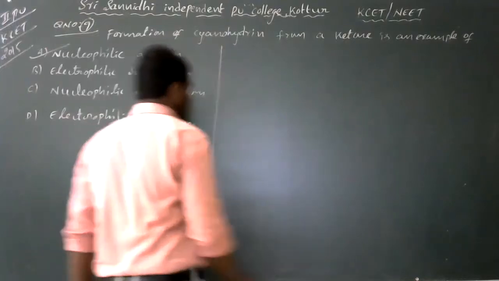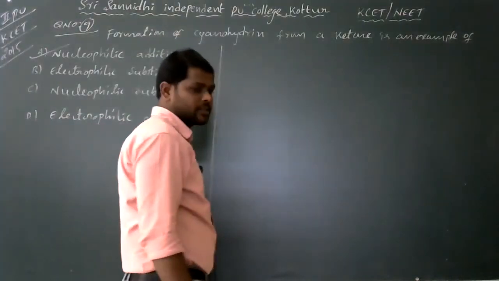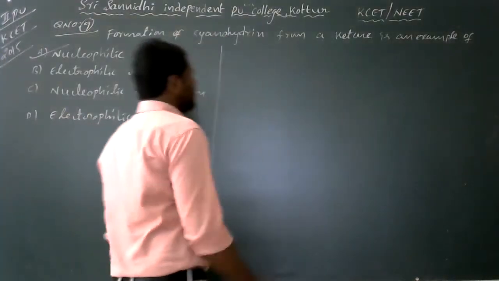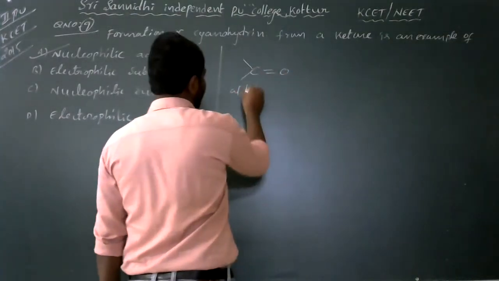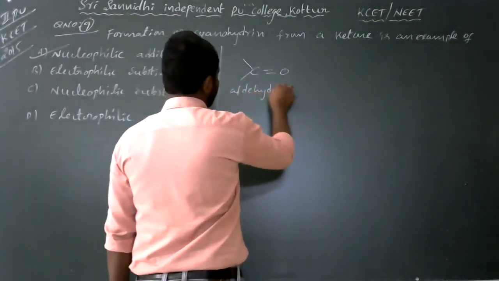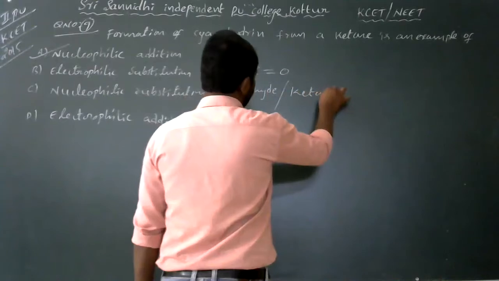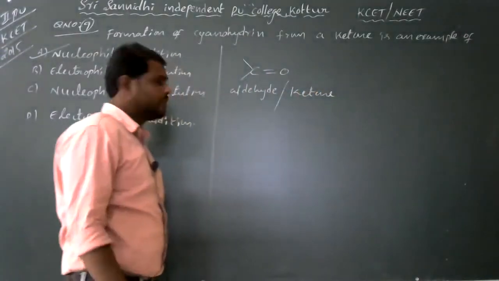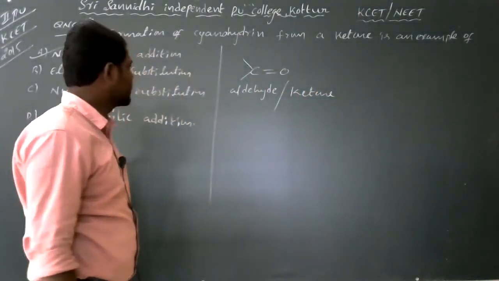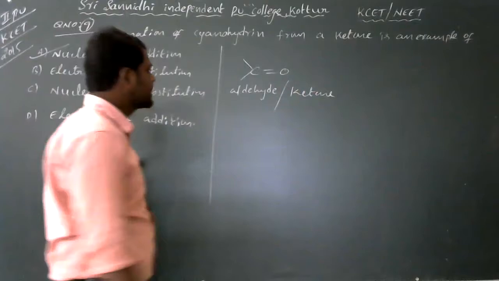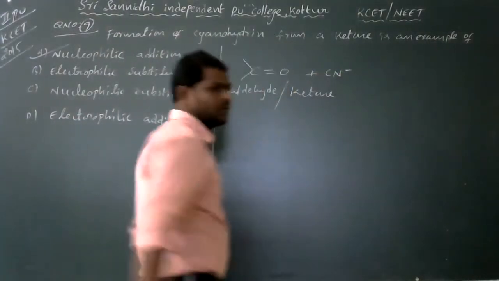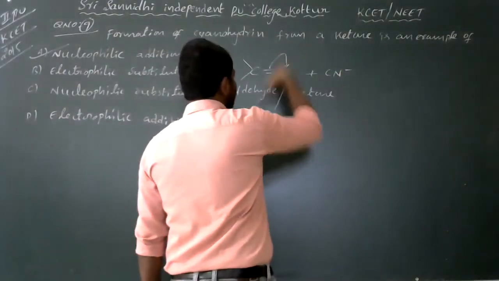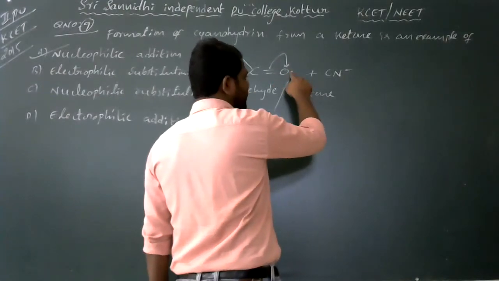How do we take this? Whether you take an aldehyde or a ketone, aldehydes or ketones undergo nucleophilic addition, and cyanohydrin is formed. Cyanide is the nucleophile. The carbonyl carbon has a partial positive charge and the oxygen has a partial negative charge.